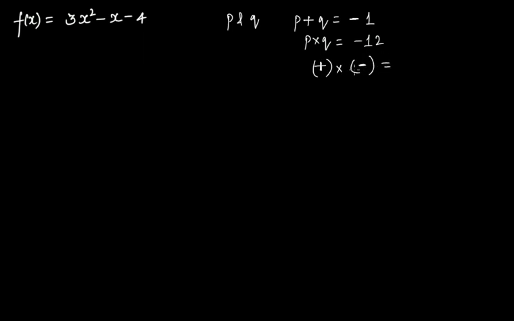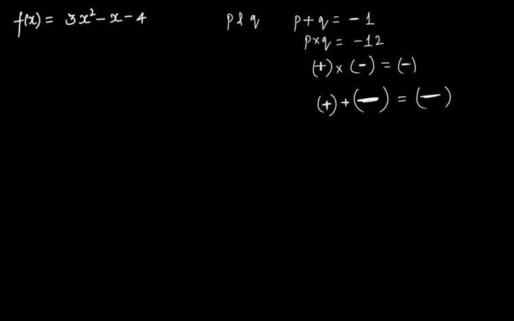Only then your product will be a negative number. But your addition is actually negative. It means that the negative number has to be greater than the positive number. If the negative number is greater than the positive number, then when you add these two numbers, your final number is a negative number. That's what we have here.